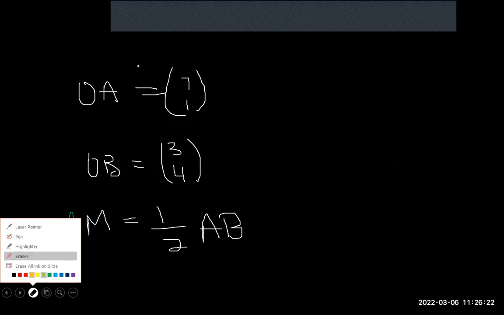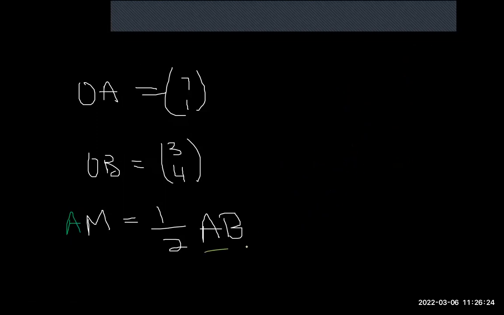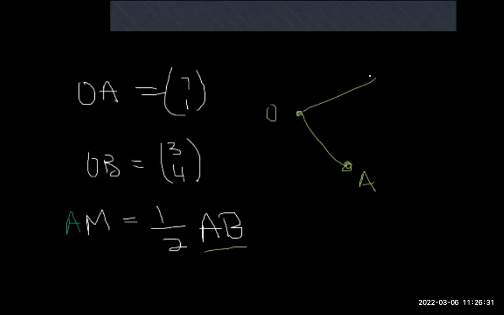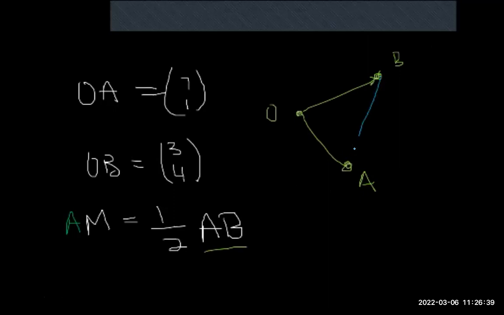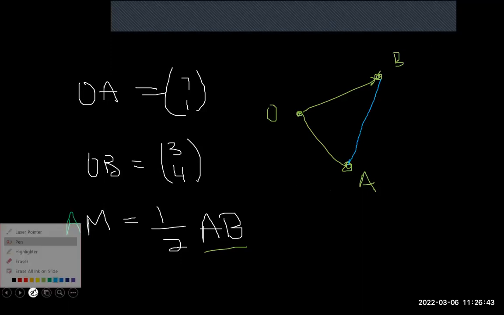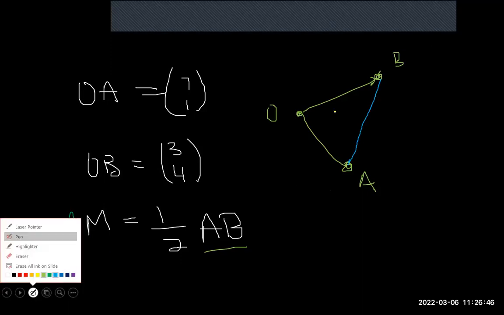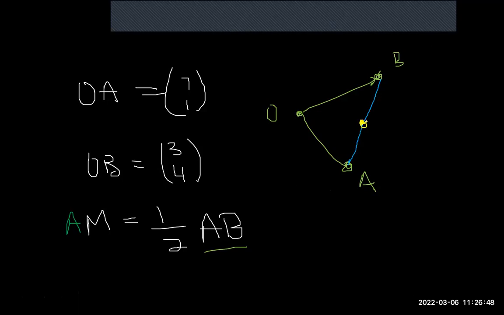Right, so let me just say, okay, I see AB. Let me just draw the thing for AB. A to O, O to B. This is AB. But then they told me M is the midpoint of AB. So M lies directly in the middle of this line. And what do they want me to find? They want me to find the position vector of M, so OM.